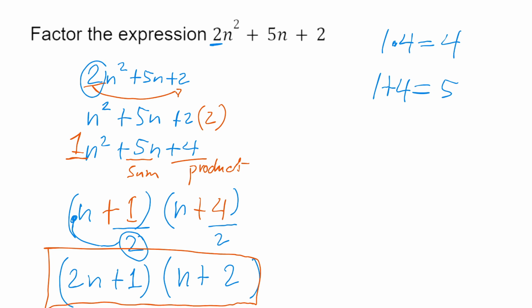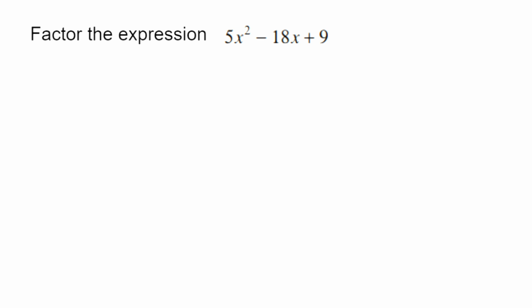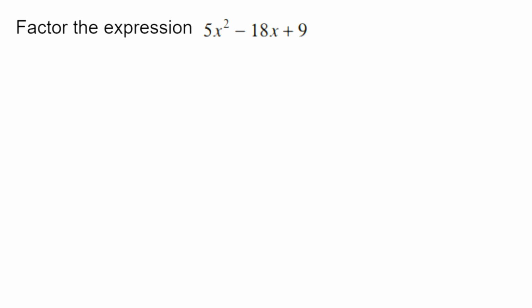Let's proceed. Okay, so factor the expression 5x squared minus 18x plus 9. So again, the given here, the a here is not anymore equal to 1, right?